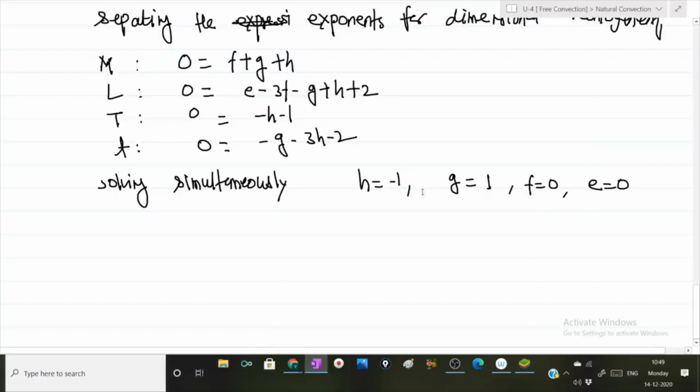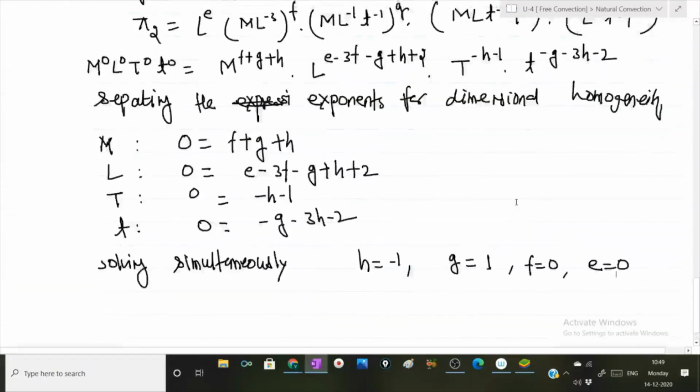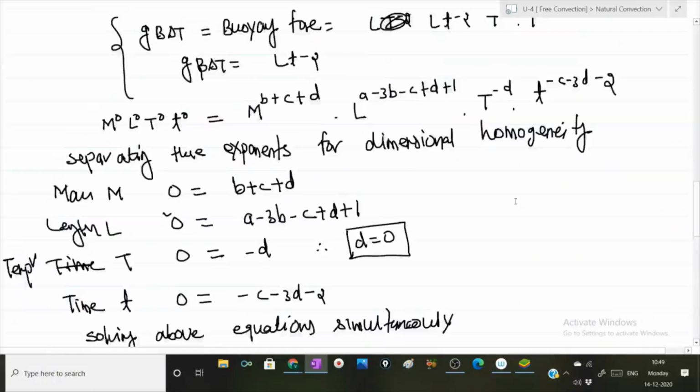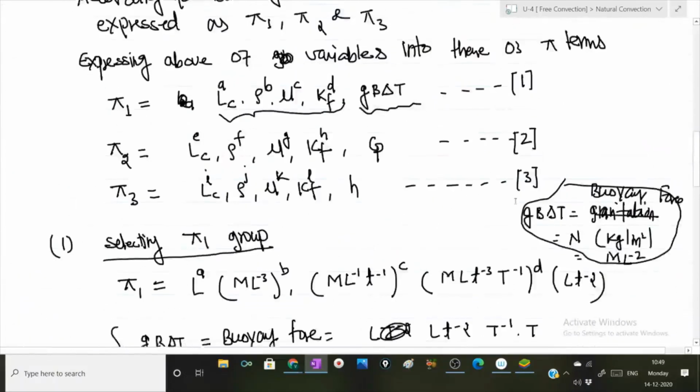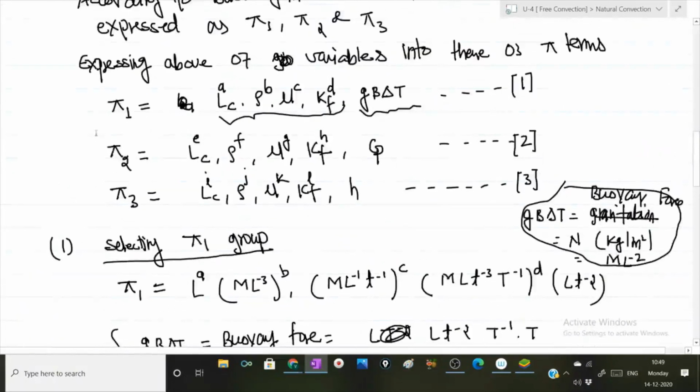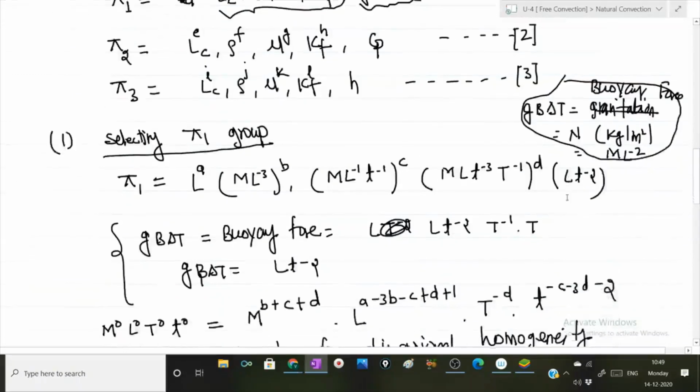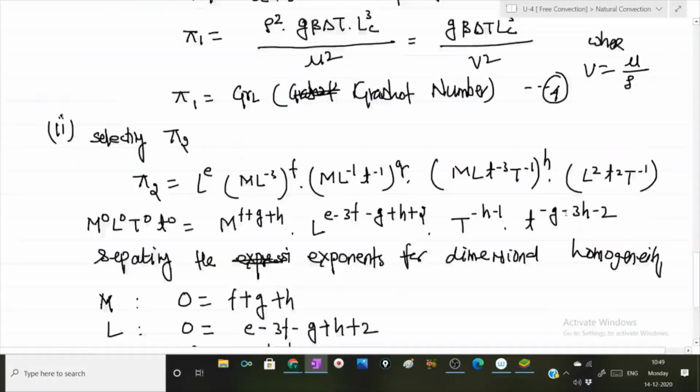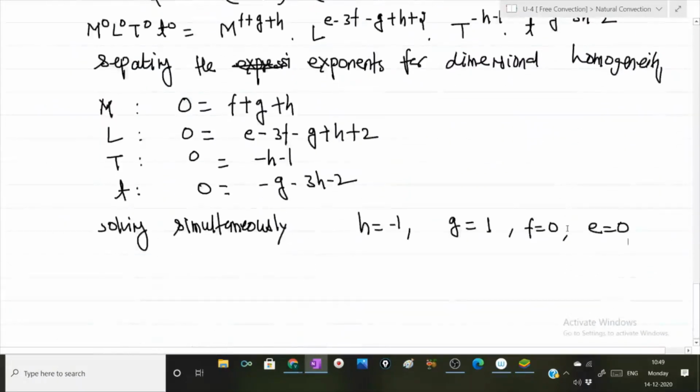Now putting the values of these exponents e, f, g, h into equation 2 for pi term pi 2, pi 2 will be equal to L power e, means L power 0.